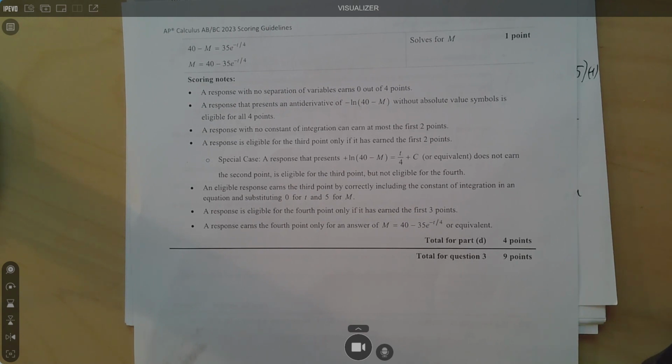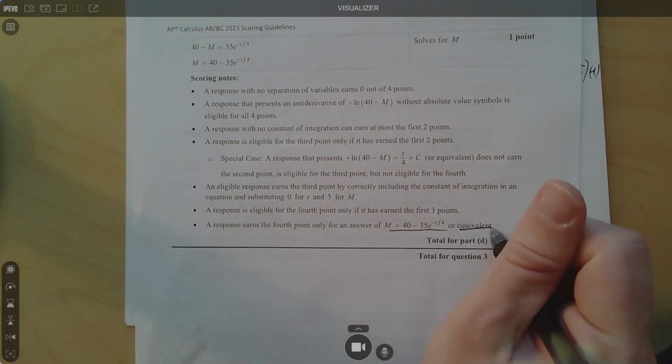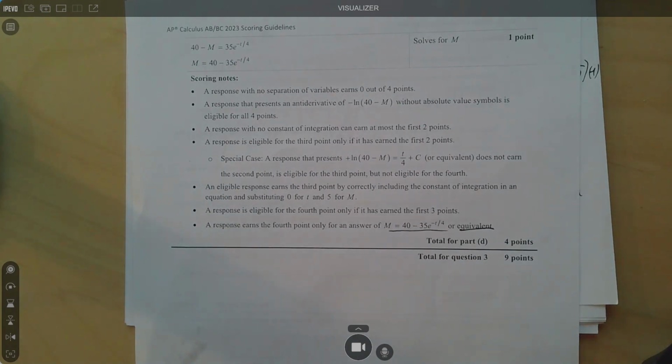You don't need to put the absolute value to get all the points. Yeah, nothing else standing out to me here. A response earns the fourth point only for this or the equivalent. So I assume or equivalent means our other term as well.